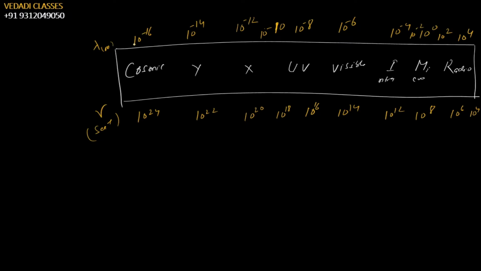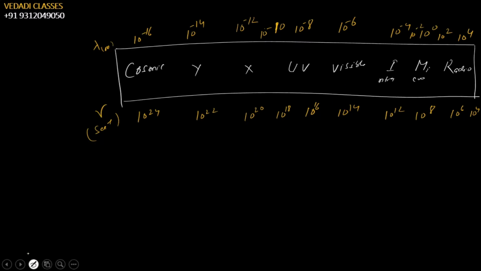What you are observing is that the value of lambda from cosmic to radio waves is increasing, and the value of frequency from cosmic to radio waves is decreasing. This is a thing you should keep in mind.